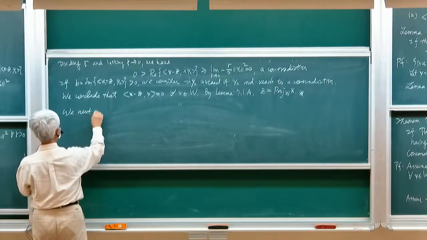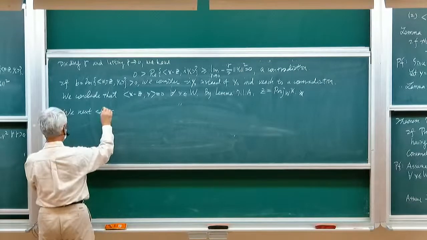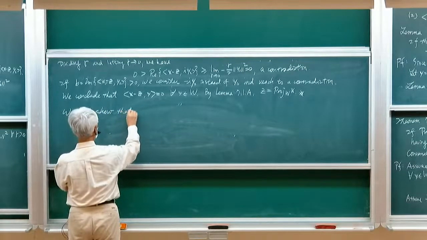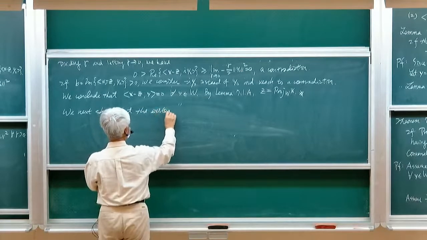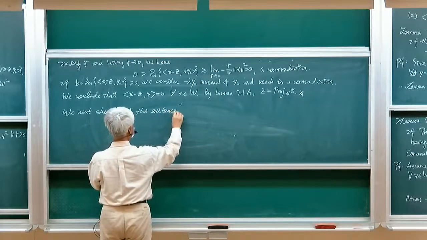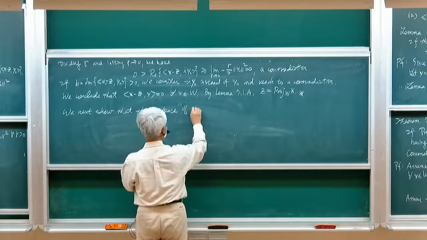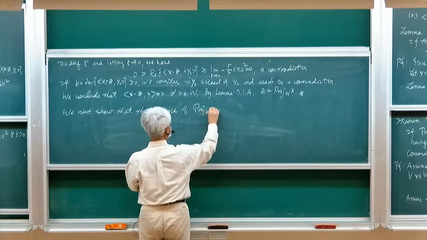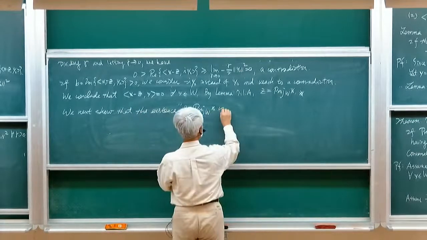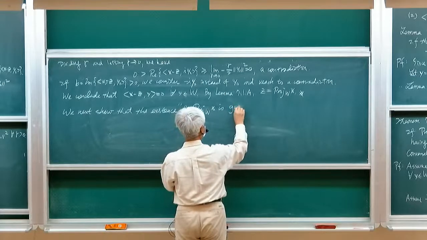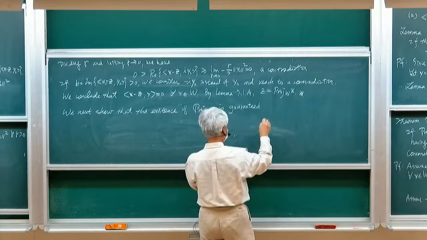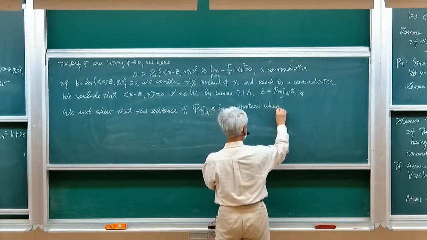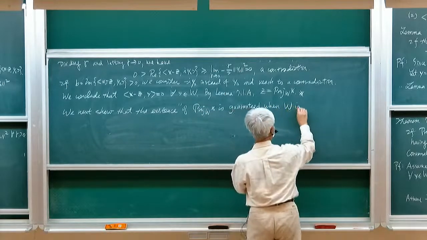All right, so I just write down. We next show that the existence of the orthogonal projection is guaranteed when W is finite dimensional.